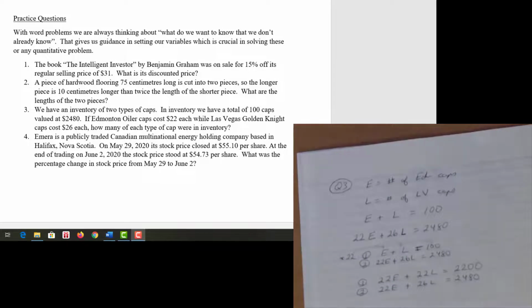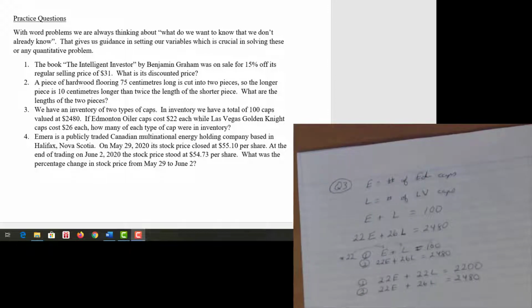Okay. So now the coefficients in front of the E are the same, and they're both positive. So I'm going to subtract one equation from the other, and that'll cancel out the E, right? 22E minus 22E is 0E. Now, whether I go equation 1 minus equation 2 or equation 2 minus equation 1, that doesn't matter at all.